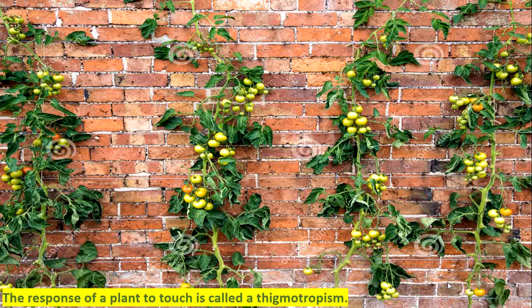These structures are called tendrils and can wrap around a ceiling or cling to an object, as you can see here. A tendril wrapping around an object is an example of positive thigmotropism. Roots display negative thigmotropism because they grow away from the object and soil, enabling them to follow the easiest path through the soil. So this was thigmotropism.